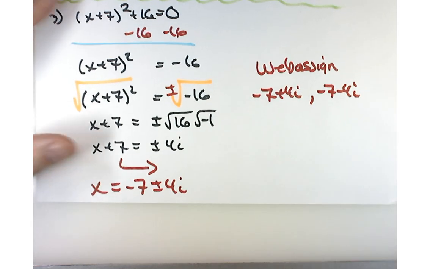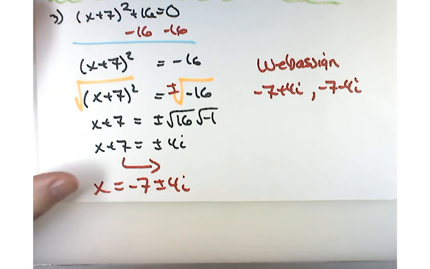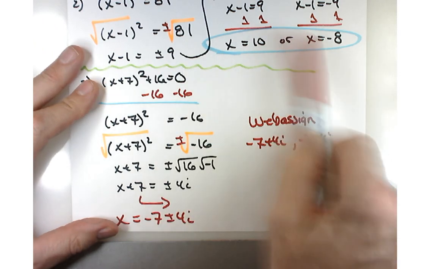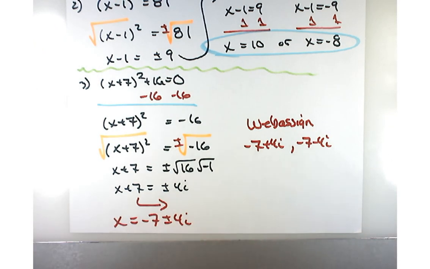Perfect. You just got to list them out. Takes you an extra 3 seconds. I'll accept that on a test. Keep in mind that if these terms combine, I do want them combined. But if they don't combine, if they're a real number and a complex number, then okay, you don't have to.